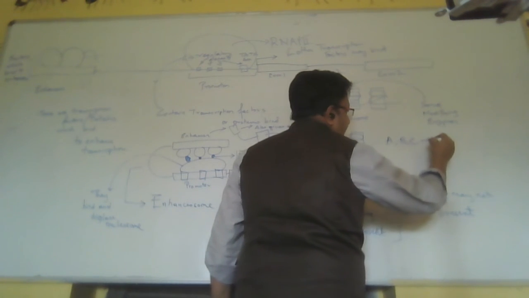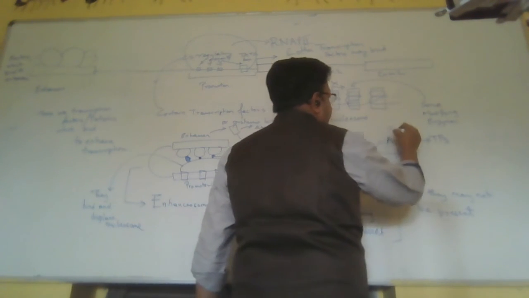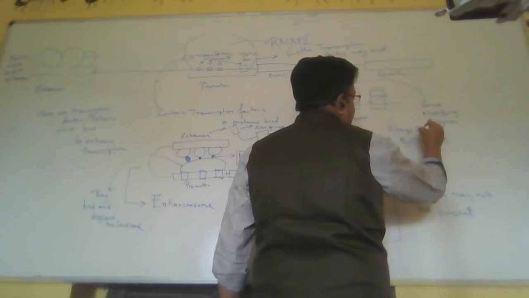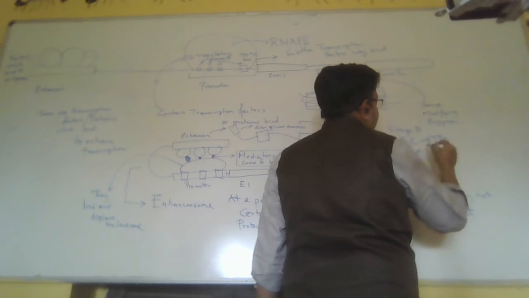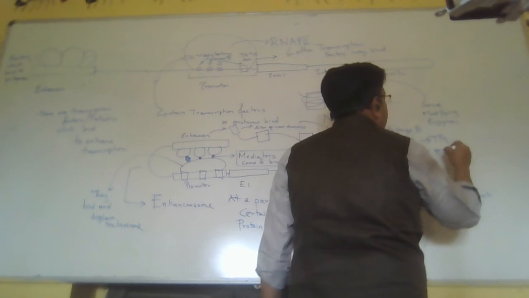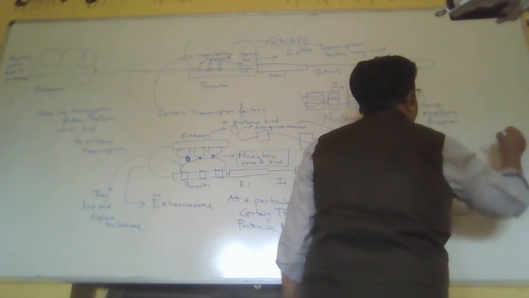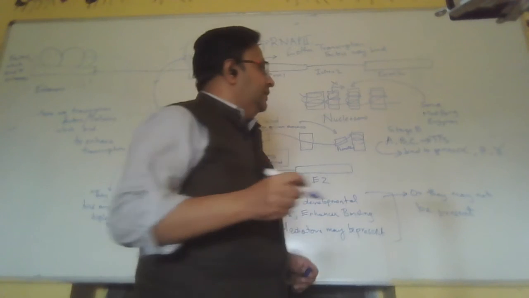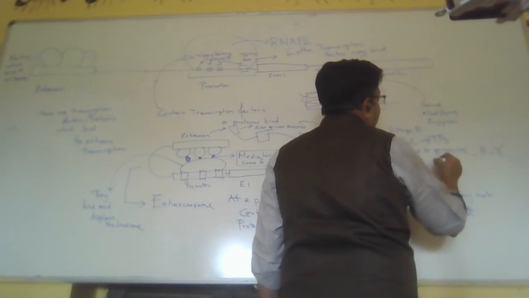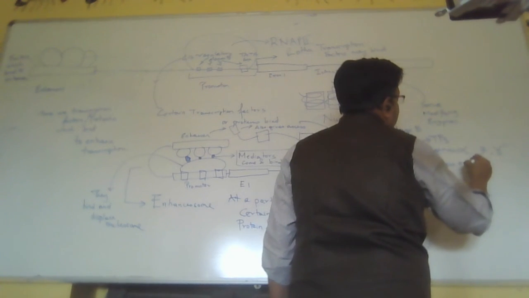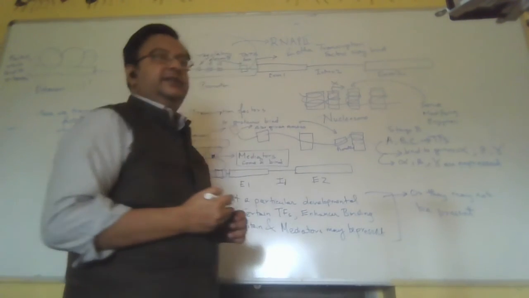Say this is stage 8. ABC transcription factors bind to genes alpha, beta and gamma. That means alpha, beta, gamma are expressed in stage 8.